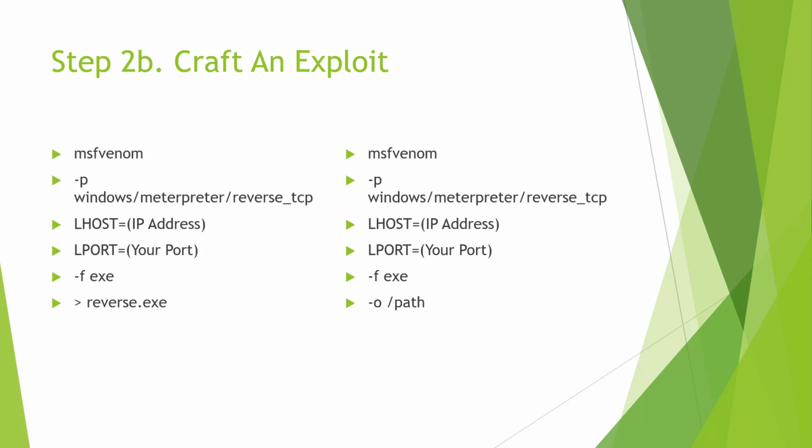We want a listening port on Kali so that when our target is infected, it will call out to our listening machine. We're doing a tac f because we're doing a file. We're setting our file to an exe, and either we're going to carry it into a reverse.exe or we're going to give it a path. So it really just depends on how we want to do that.